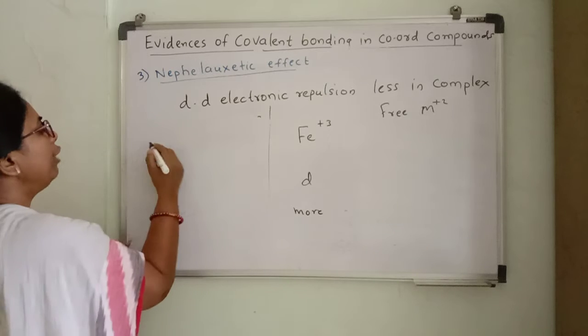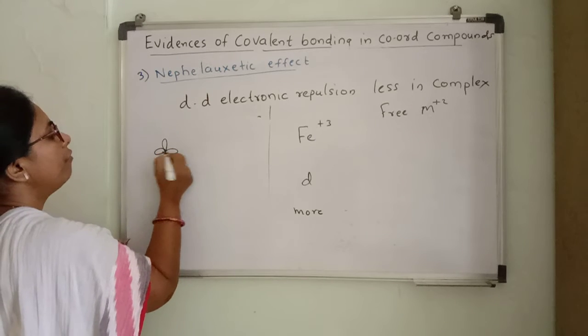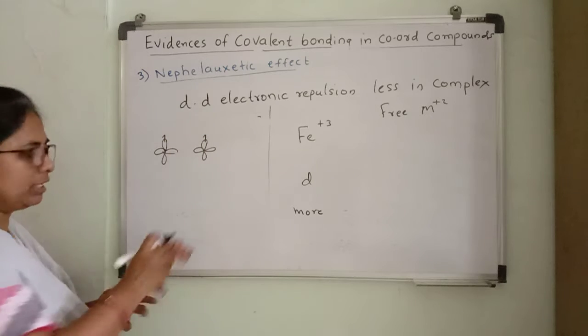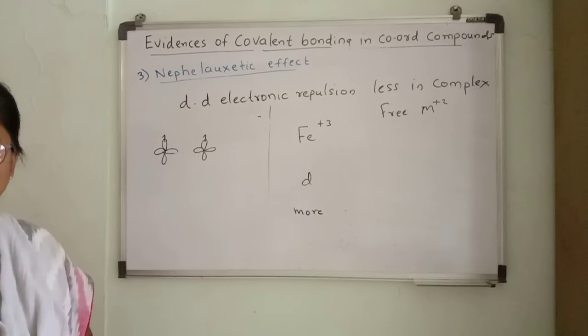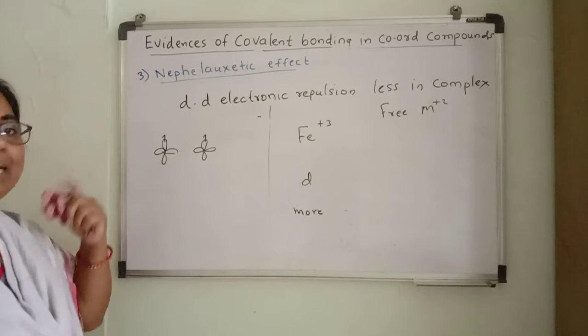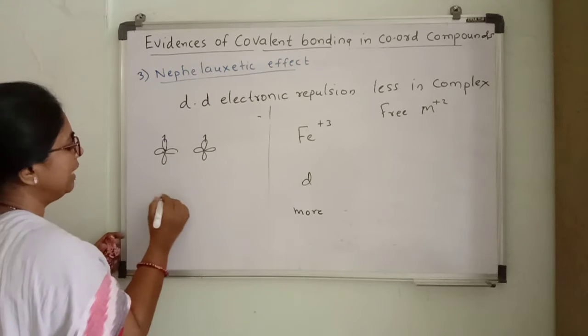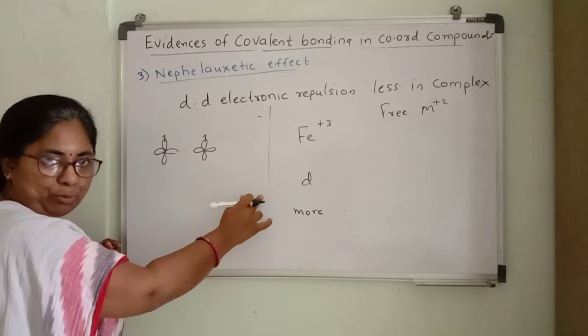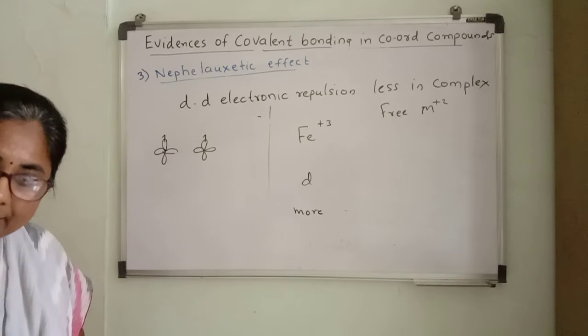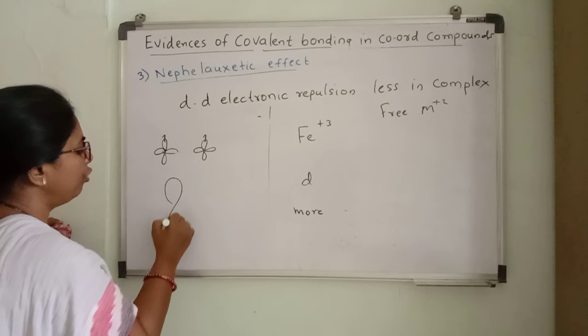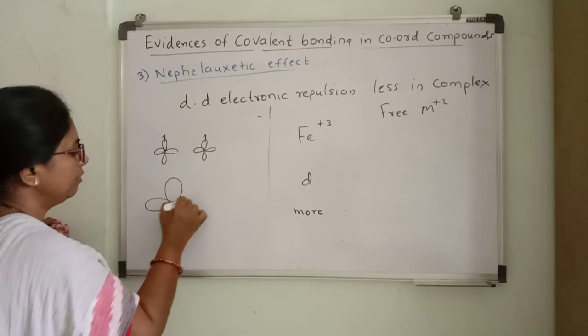See, you have a d orbital here and a d orbital here, with electrons in them, so electronic repulsion takes place. Now this repulsion reduces because the distance increases, with one electron here and the other at this position. The distance increases because the d orbital expands like this.